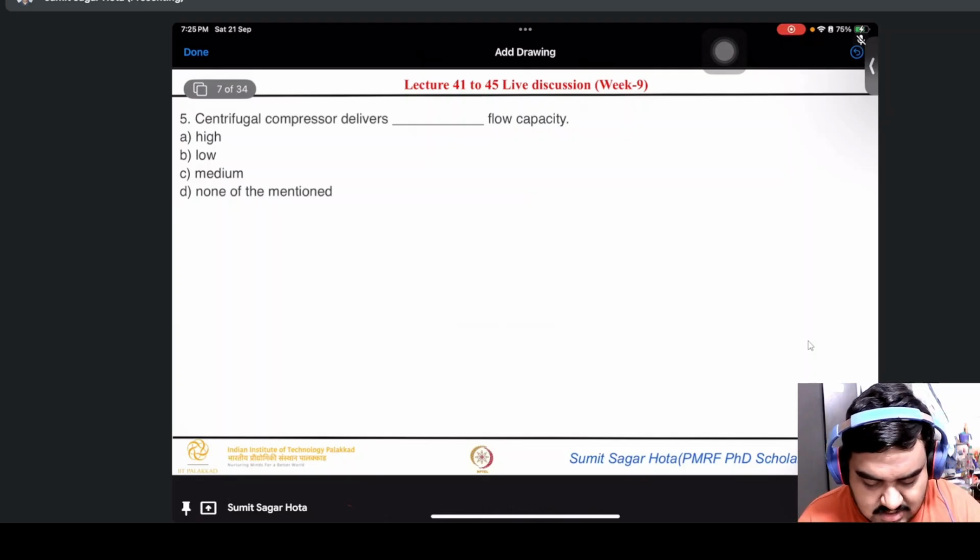The centrifugal compressor delivers what? It delivers a low flow capacity.